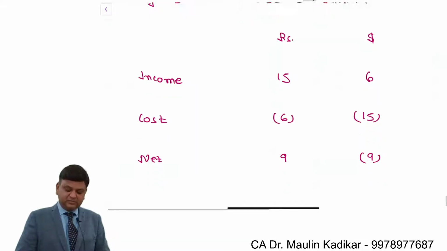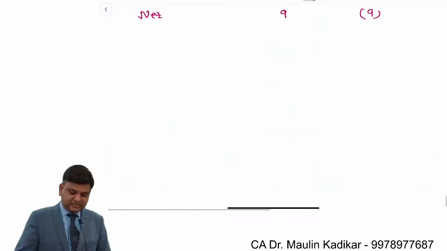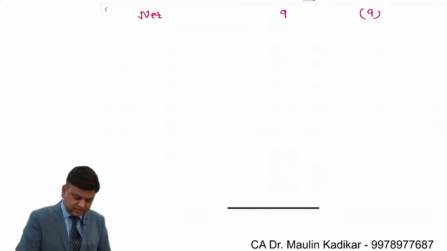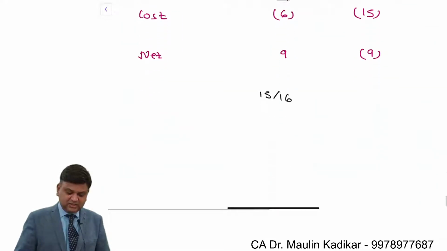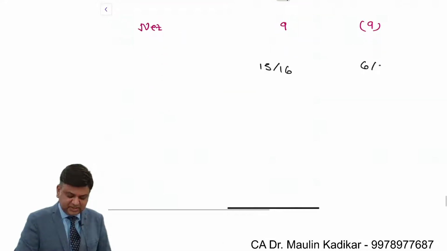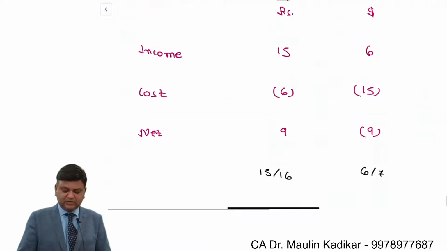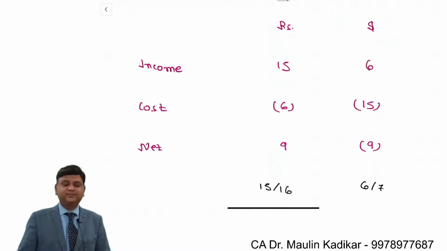Dear students, sometimes the information is given to us like this: for rupee currency the rate of interest is 15-16, and for dollar currency the rate of interest is 6/7. So the two rates of interest may be provided to us.